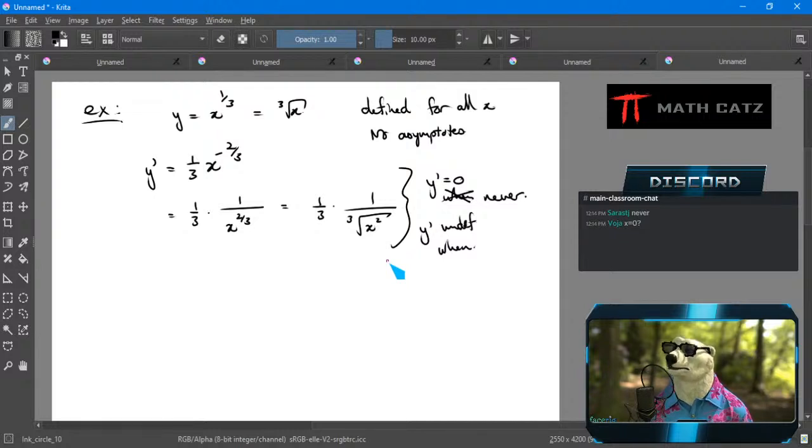The only thing that can make this fraction 0 is the numerator being 0. A denominator equaling 0 will make it undefined. It is important, but it wasn't in the first one, it's in the second one. When x equals 0, the denominator will equal 0, and it will make the whole thing undefined.